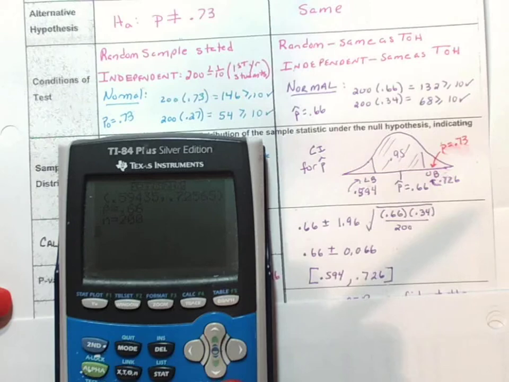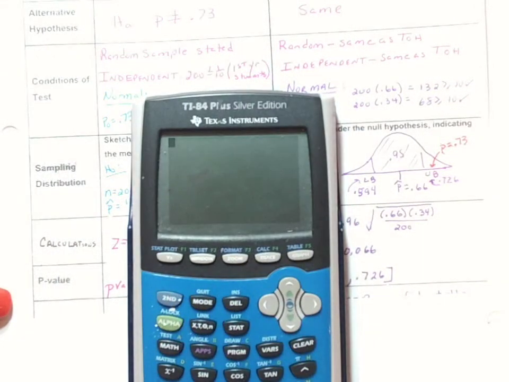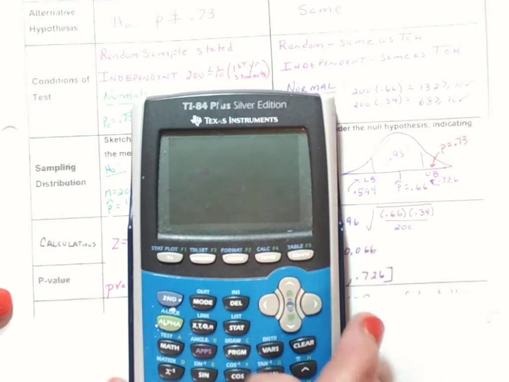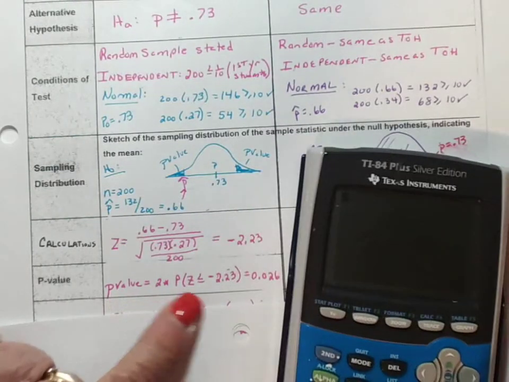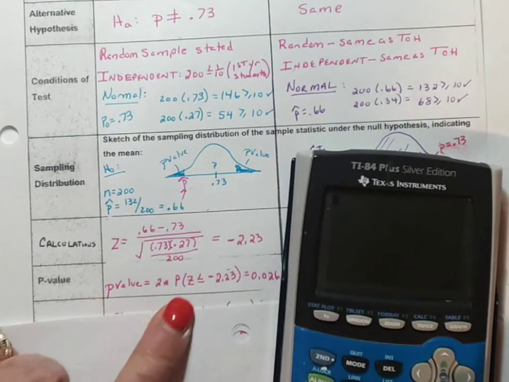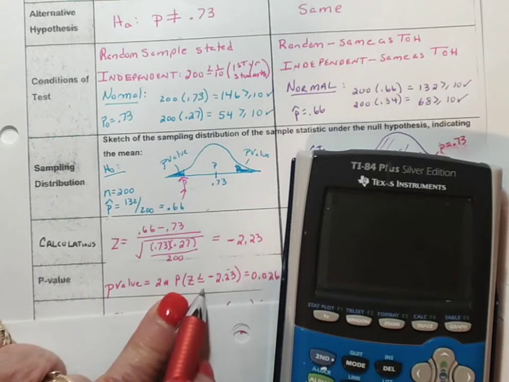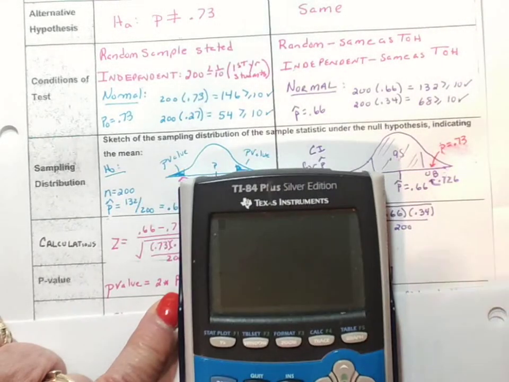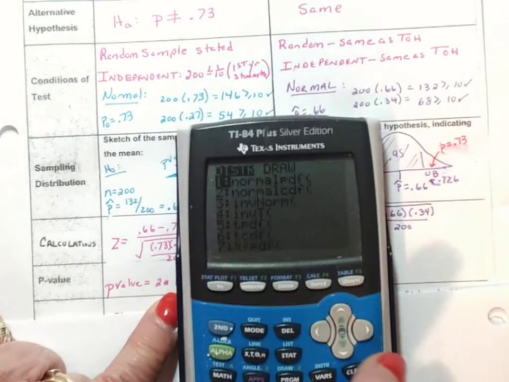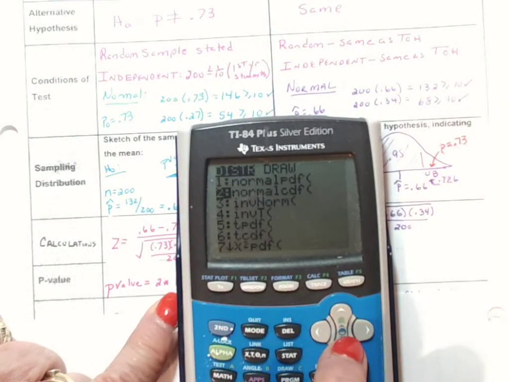Just want to reiterate a couple of other calculator commands because I think it's pretty easy to see it here. When I wanted to find the p-value, here to find that p-value, I need to use Normalcdf. So Normalcdf is here under second distribution, Normalcdf.